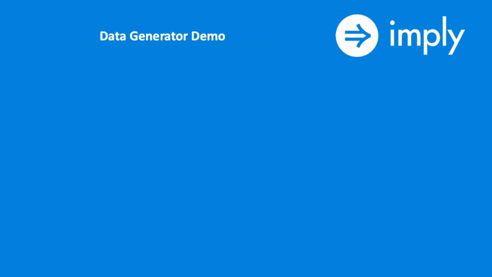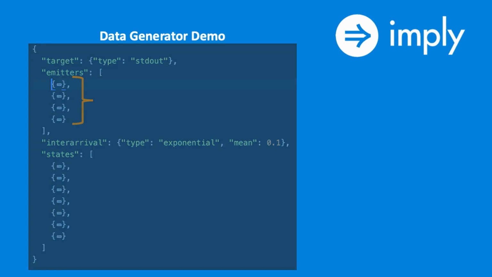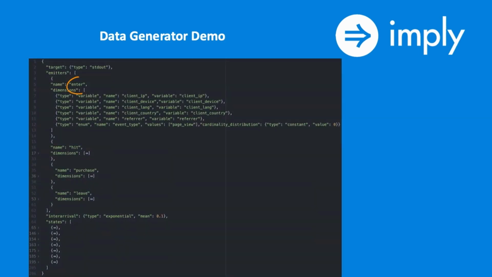We can see in the config file that this example has 4 emitters. We use the first emitter, named enter, to set the values of some variables when an entity first enters the state machine. The other 3 emitters generate records at various points in the state machine and are named hit, purchase, and leave.